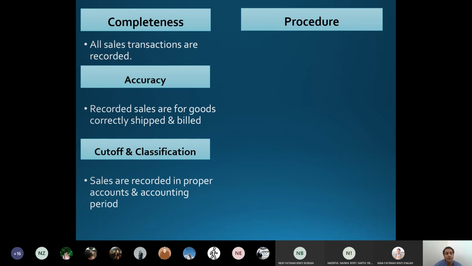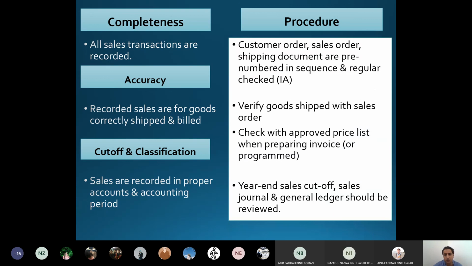And then the cutoff and classification, sales are recorded in proper accounts and in the right accounting period. Okay, so what are the auditor procedures? The auditor will check whether the customer order, sales order, shipment documents are pre-numbered in sequence and regularly checked by the internal auditor. If they have that, then okay.